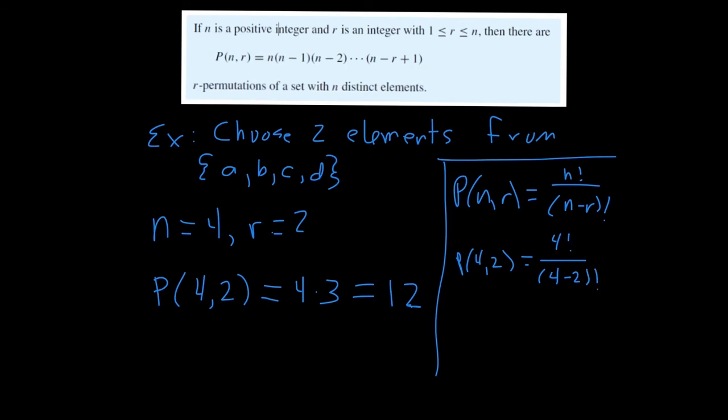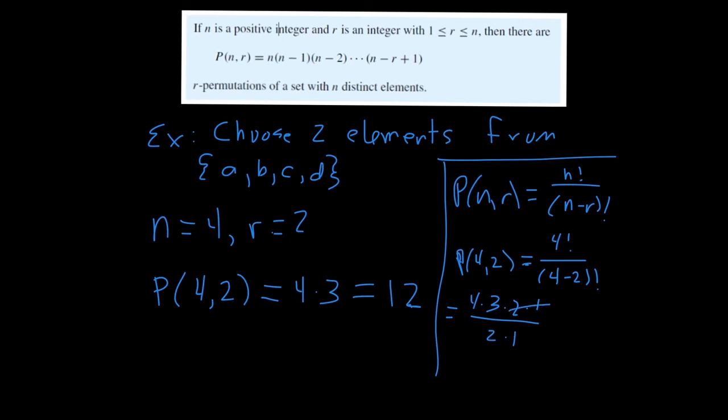I'm going to show you a little trick you can use if you don't happen to have your calculator. And by the way, I will show you how to use your calculator to calculate permutations with big numbers. There's a permutation function on your calculator that you can always use. But watch this. 4 factorial is equal to 4 times 3 times 2 times 1. 4 minus 2 is 2 factorial, so that's 2 times 1.